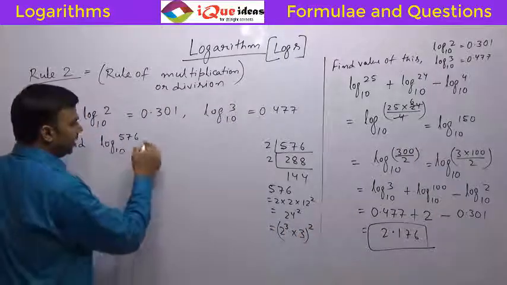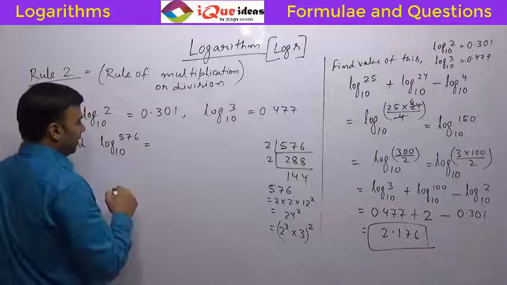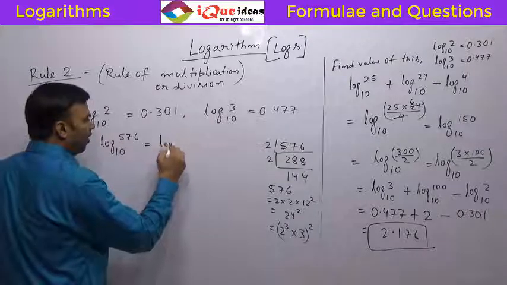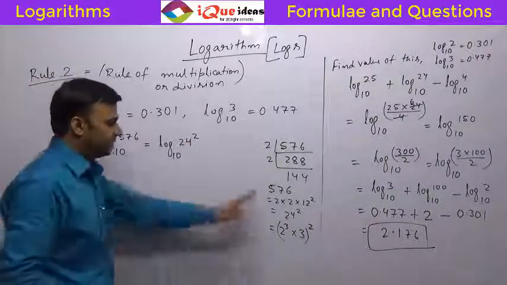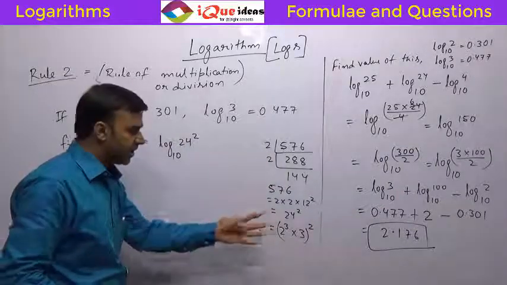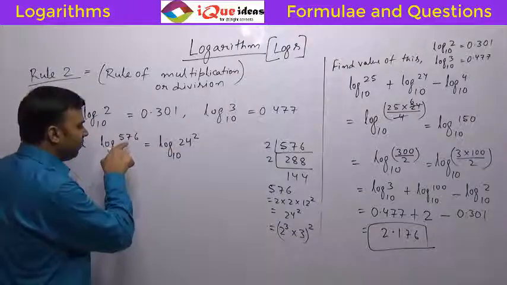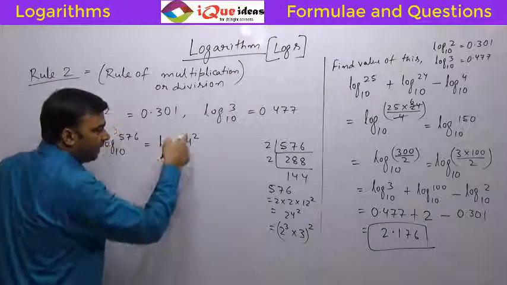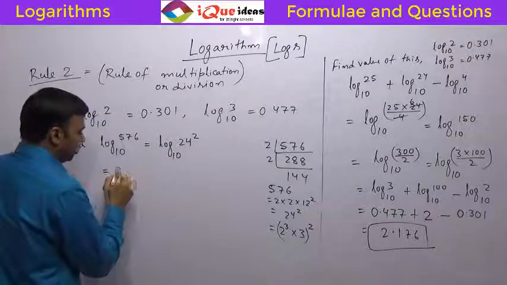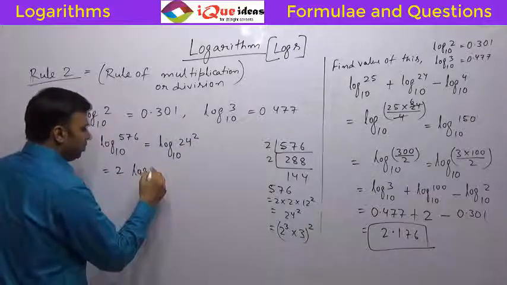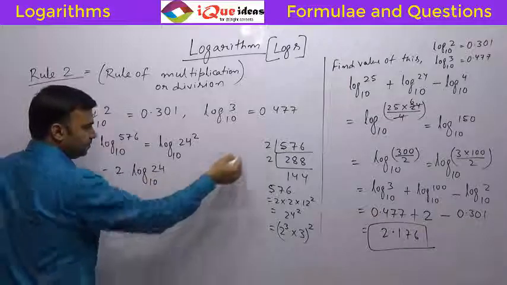Right? So this is the factorization of 576. If I write it here, let's see what happens. Let's write it as log of 24 square to the base 10. I have just explained factorization as an extra thing. In this question, first of all, write 576 as 24 square. Because it is a power, the 2 will come outside. So it becomes 2 log 24 to the base 10.